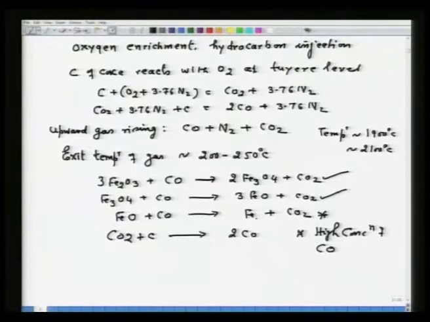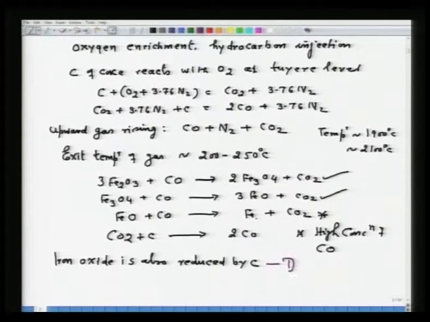Now, in the reduction process, some iron oxide is also reduced by carbon, and this reduction is called direct reduction.